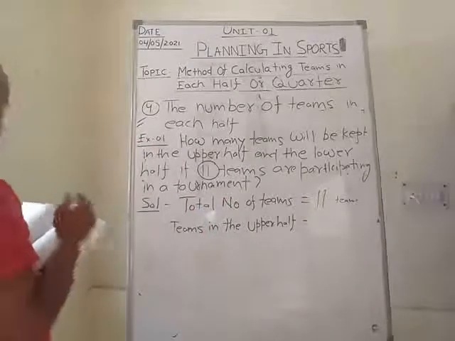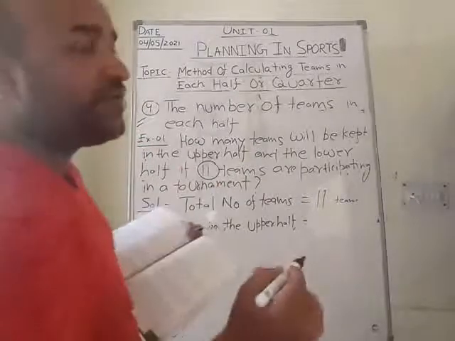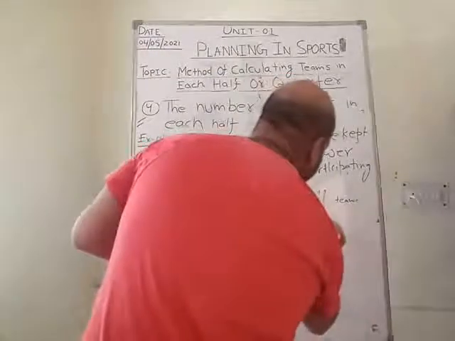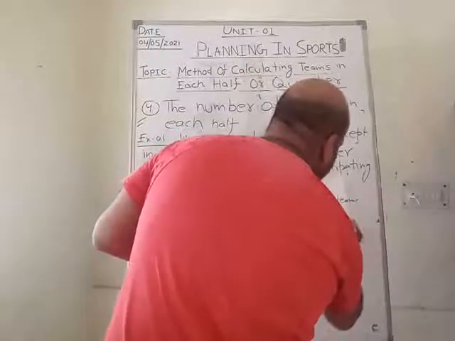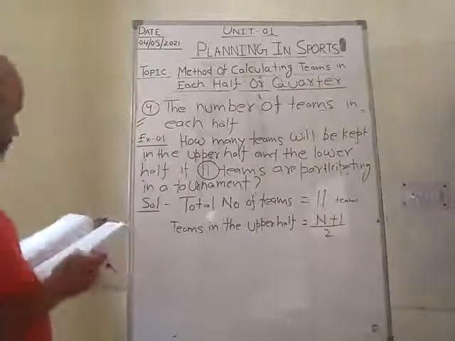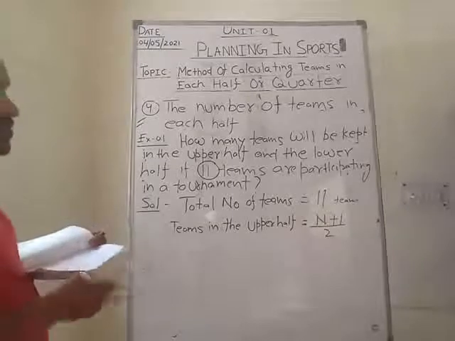What is the formula? The formula is the total number of teams plus 1, that is N plus 1 upon 2. Okay, any problem? No.